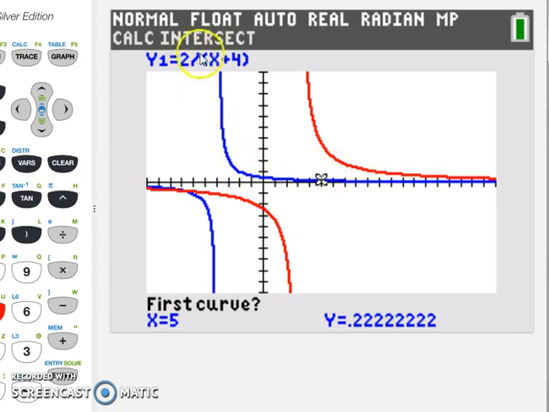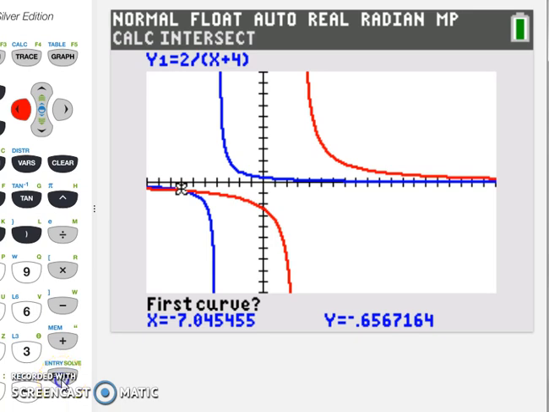We don't want to use the blue piece that's up here. We want to use the blue piece that's down here. So we're going to move it left until it goes to the bottom section. Now I have the blinking thing on the bottom half of this blue, because that's where it's intersecting.